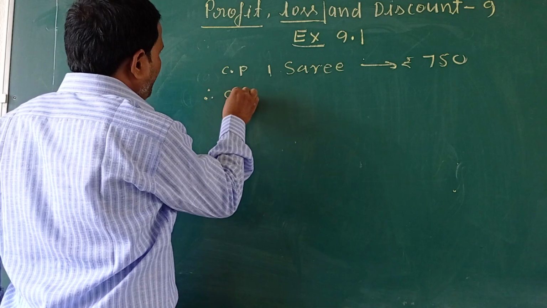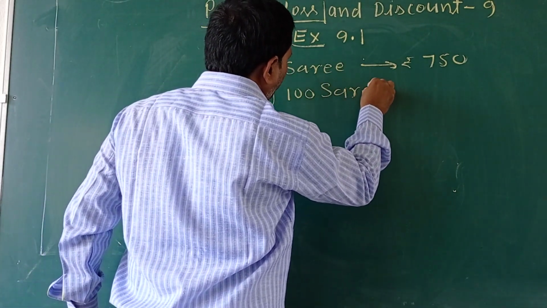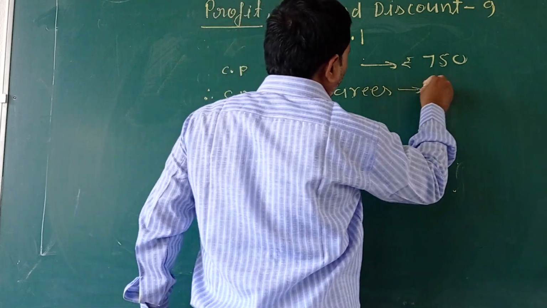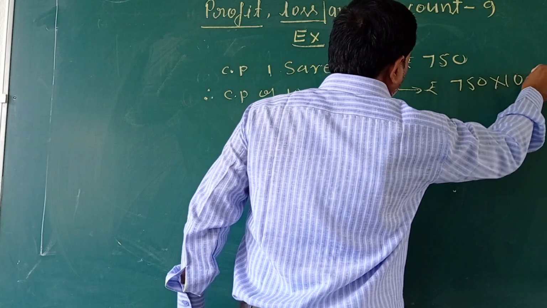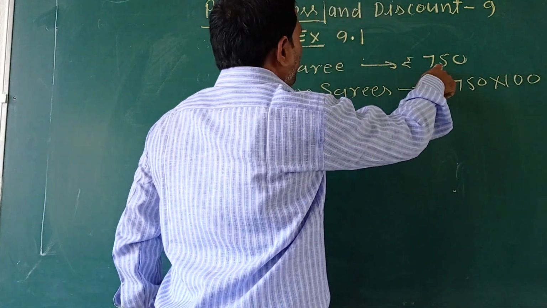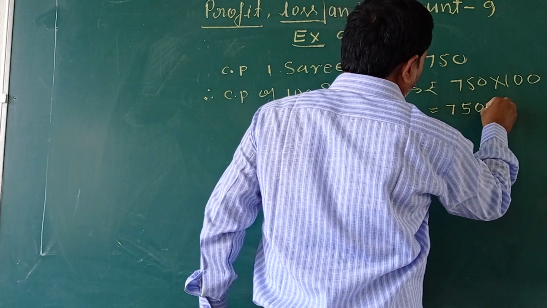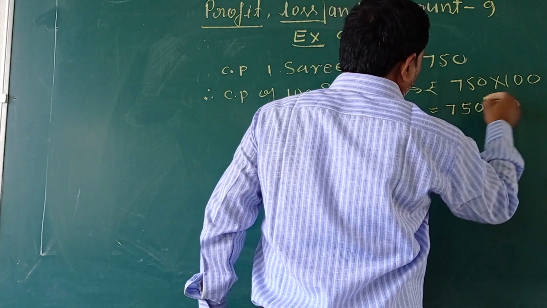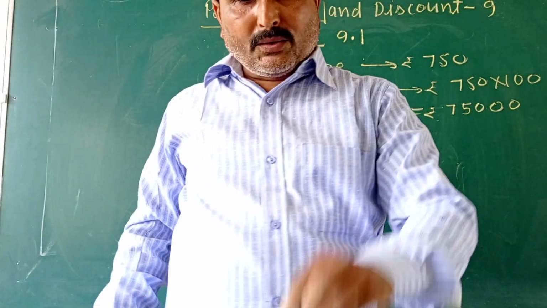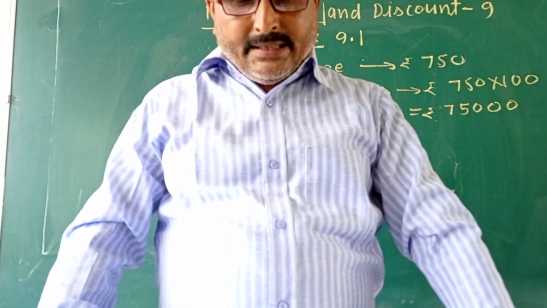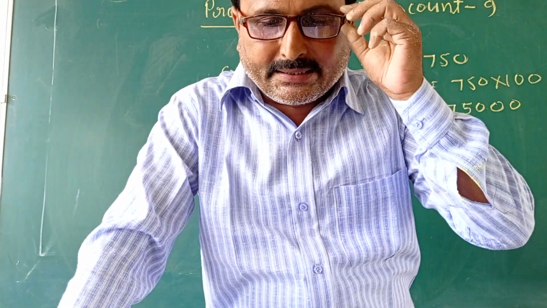Therefore, CP of 100 sarees is rupees 750 into 100, because the cost of each saree is given, that is 75,000 rupees. Now the question is that he sold 30 sarees at rupees 600 each.